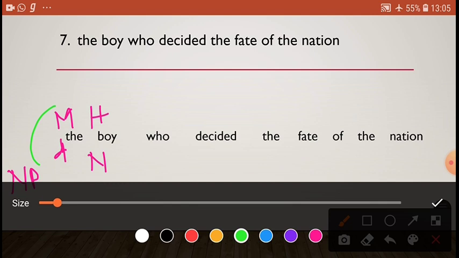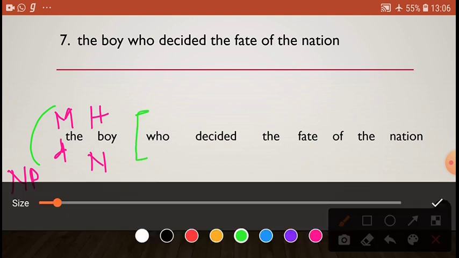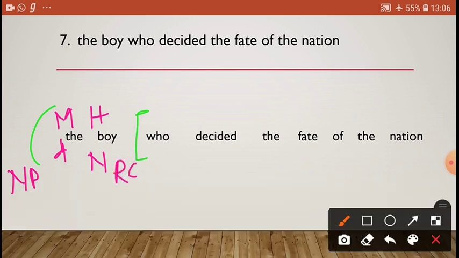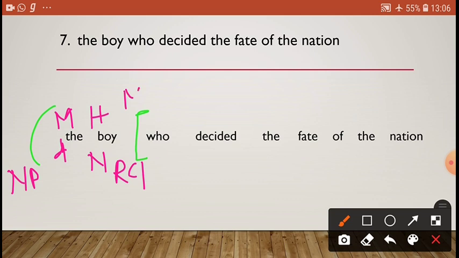You will have to write here RCL, relative clause, and here the relative clause functions as modifier to the head word boy, okay.